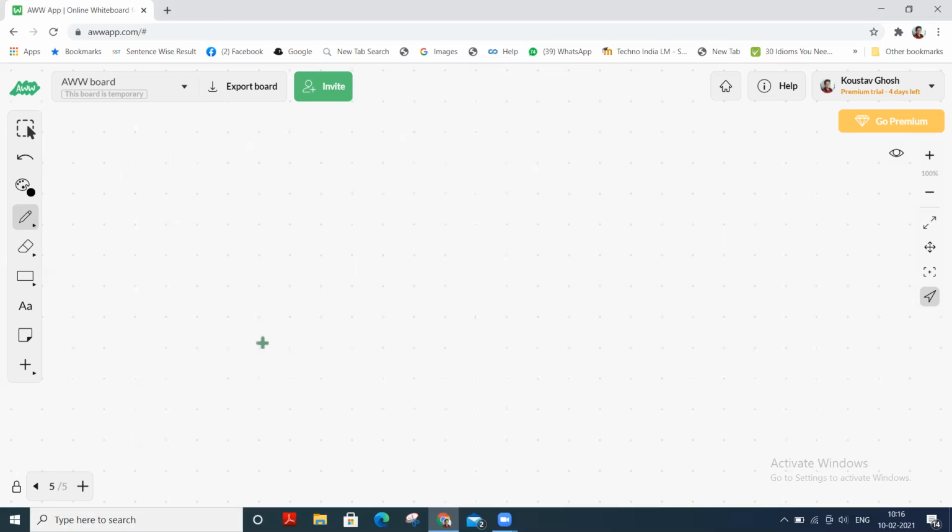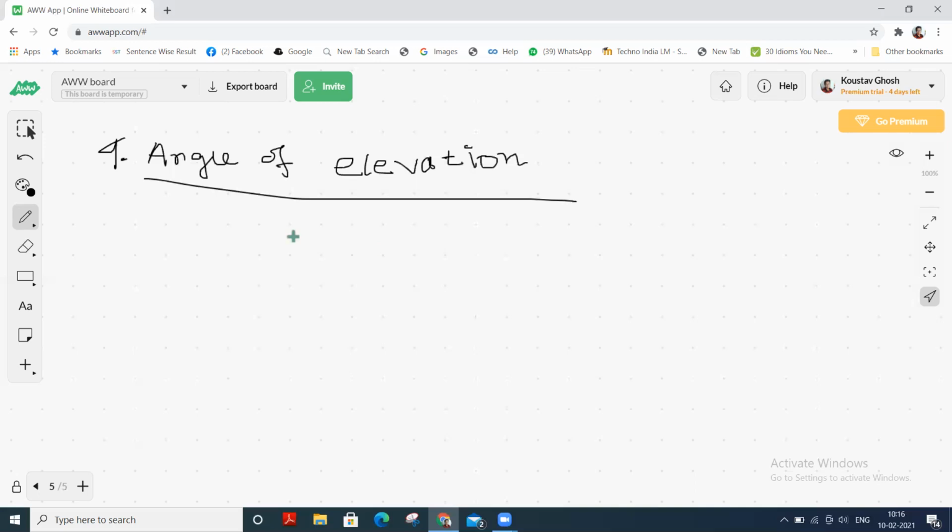Now I am going to share about angle of elevation. What is angle of elevation?